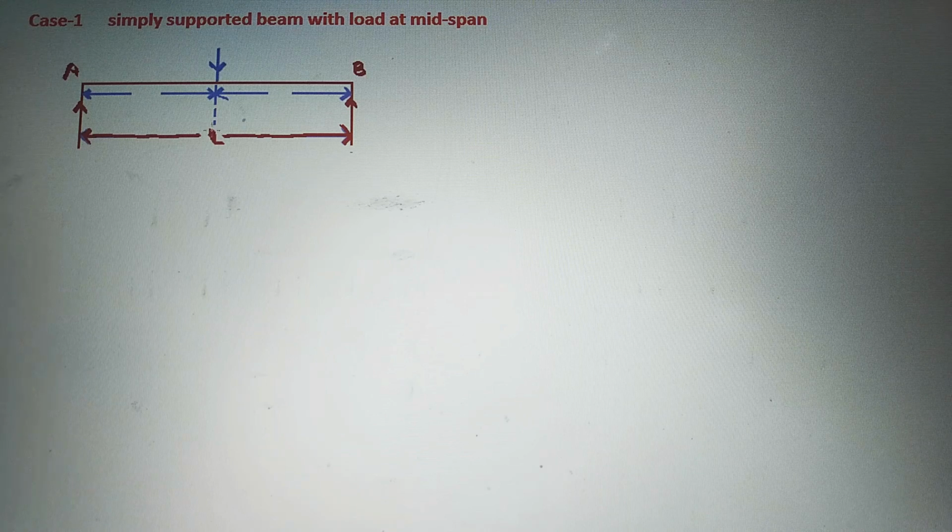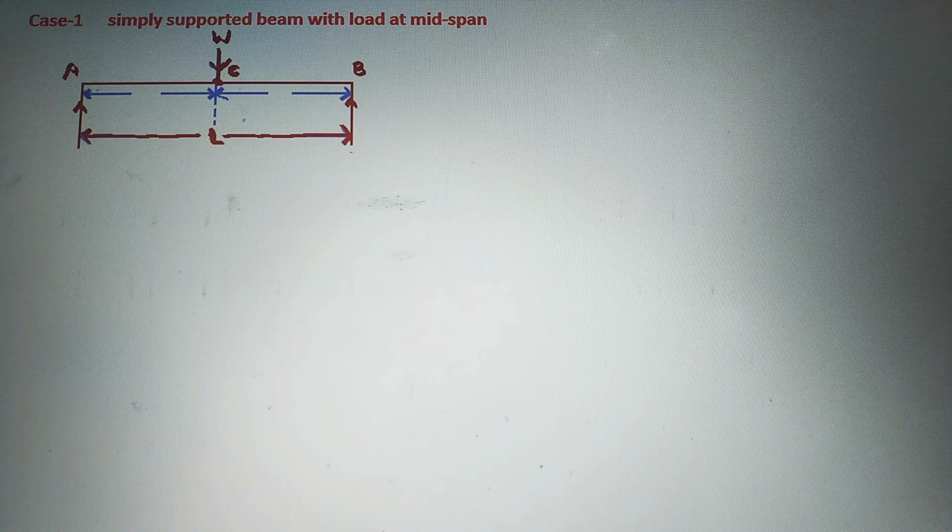Now what is the statement of this case 1? Simply supported beam with load at mid span. So at mid span, this is the point of the mid span. We will consider that point as point C, and at this mid span there is a load of capital W acting.